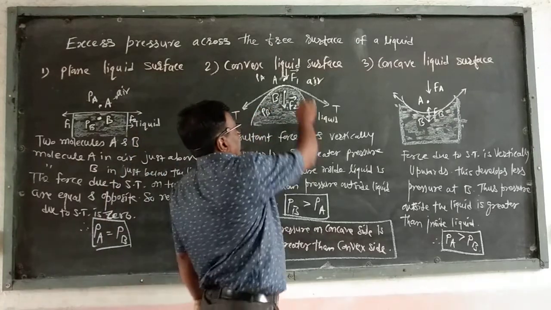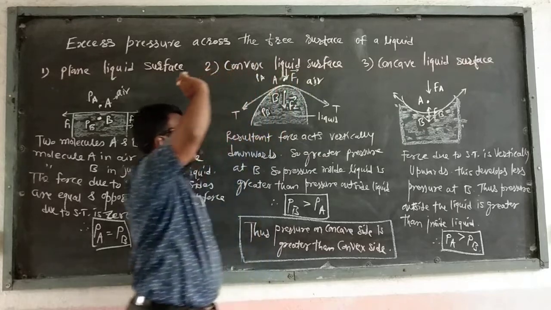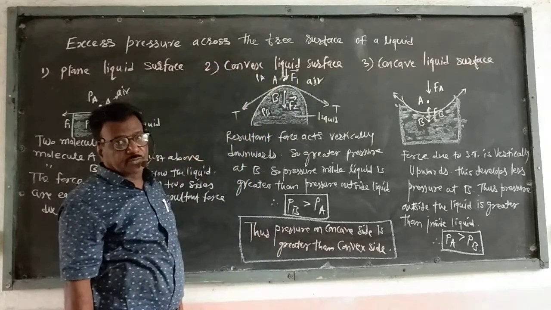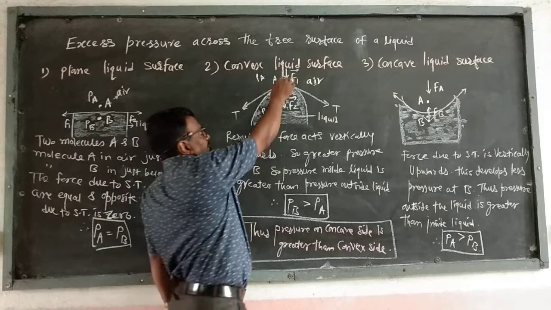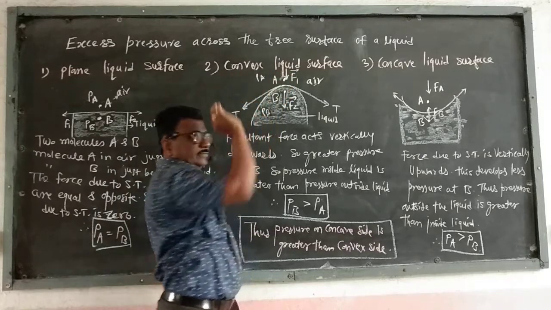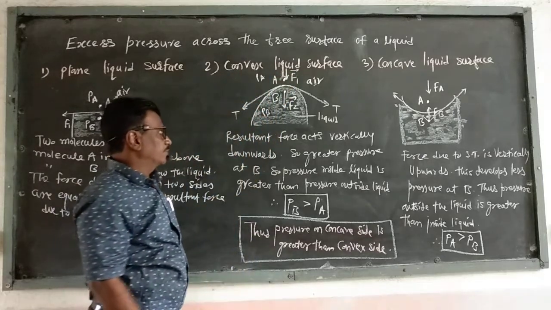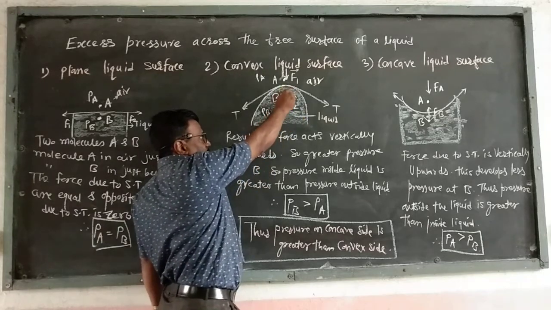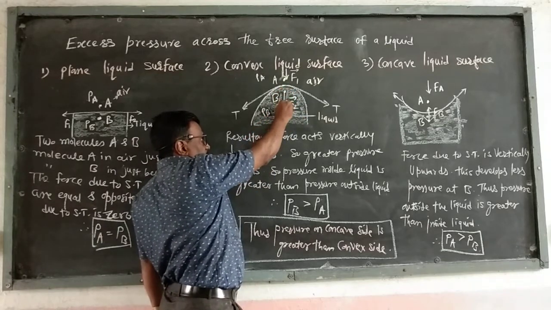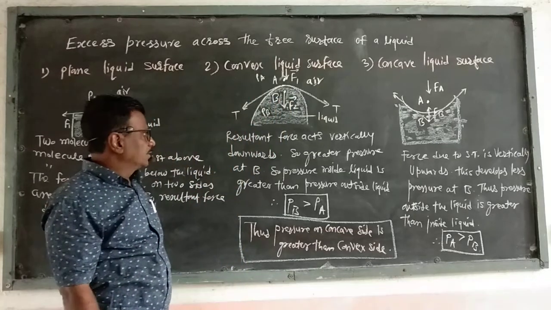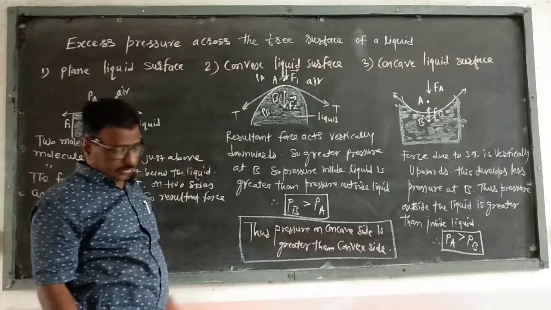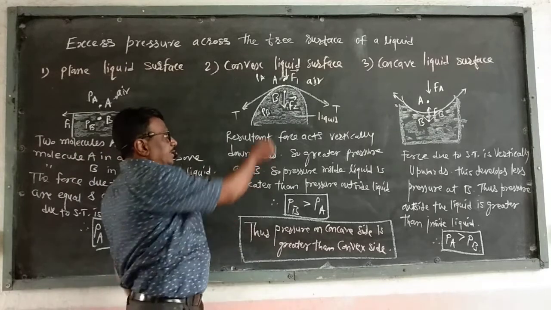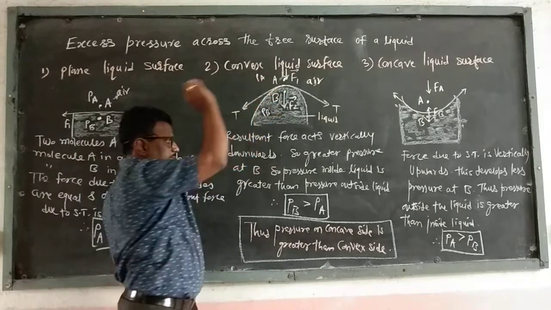If F1 is the force acting on molecule A due to surface tension, which is vertically downward, similarly for molecule B, F2 is the force acting at molecule B, which is also acting vertically downward. So the resultant force acts vertically downward in this case.